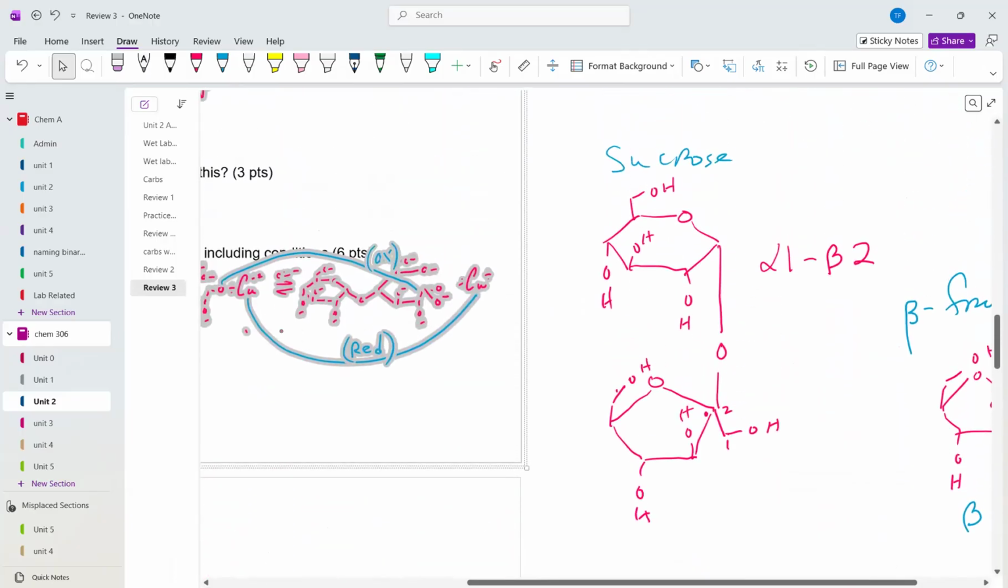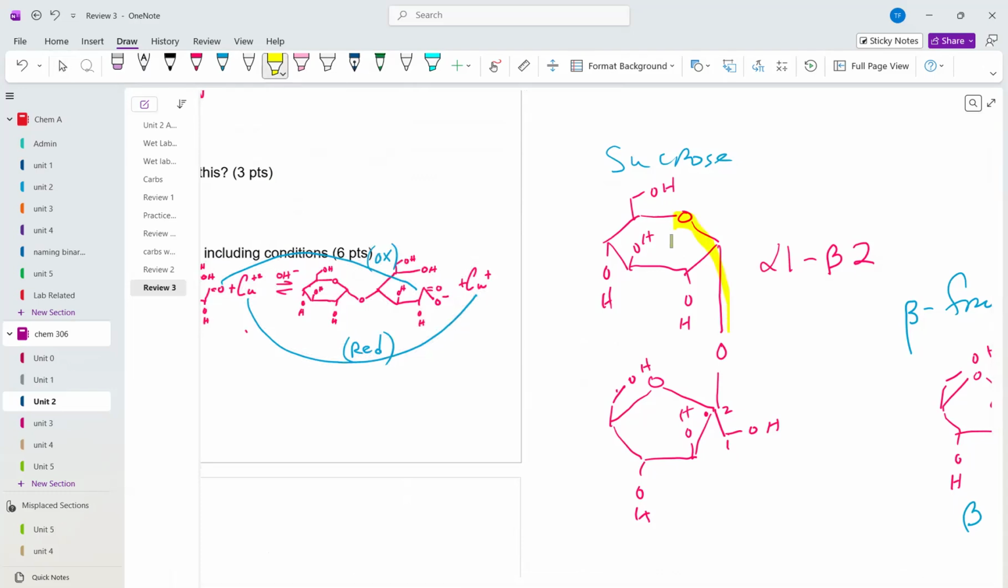Okay, so let's analyze this. We have OCO and OCO. It's 2 of them. Top one is OCO, and we have no H's. Excuse me, we do have an H right here.